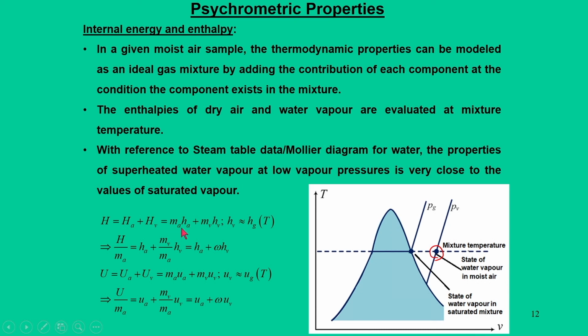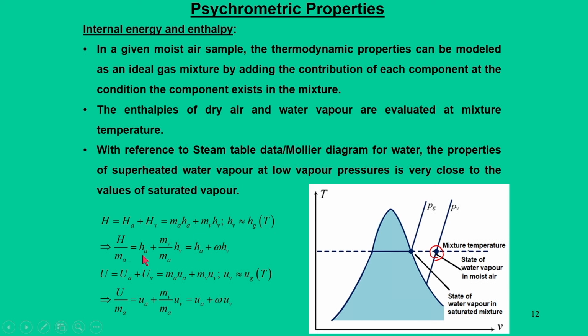This dry air part can be dealt with separately: Ma into Ha, and this Ha is nothing but Cp times T because it is a dry air component, and Mv and Hv is the water vapor component. Once you know Mv and Hv, you know the mixture temperature, and if it is saturated, the value is close to Hg at T, close to the saturated vapor state.